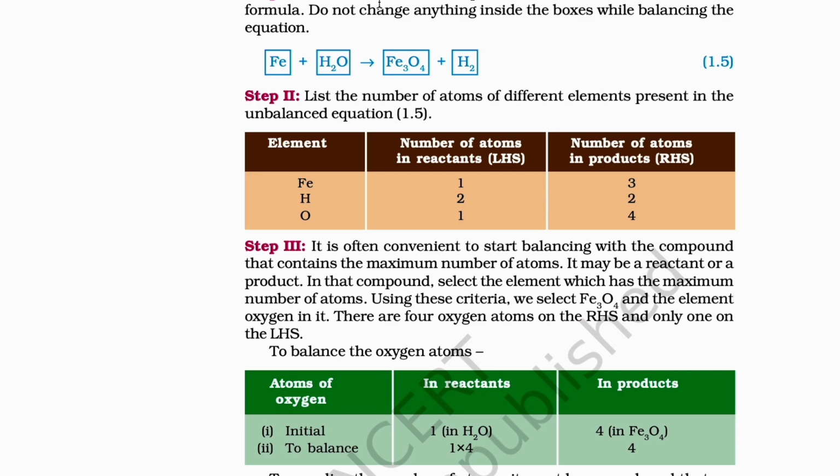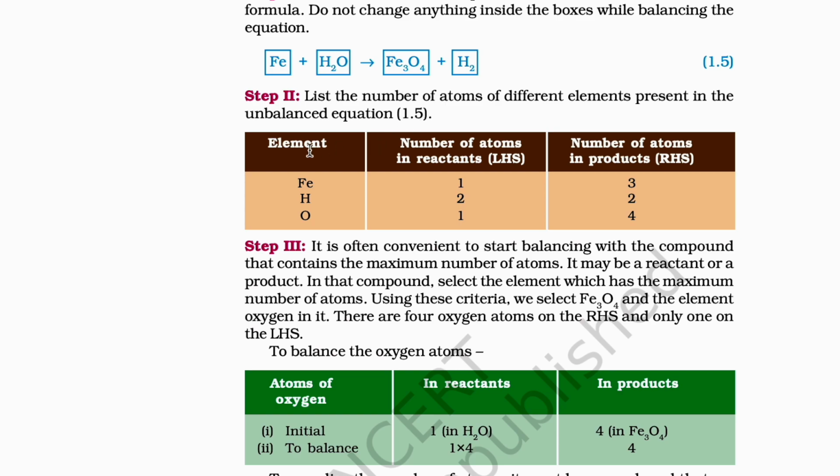To balance a chemical equation, first draw boxes around each formula. Do not change anything inside the boxes while balancing the equation. Fe + H2O converts to Fe3O4 + H2. Step 2. List the number of atoms of different elements present in the unbalanced equation.